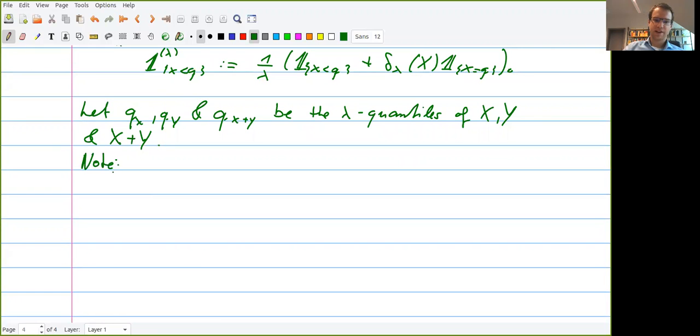So note the following identities. They are true for x, y, and x plus y, because they're all quantile functions. You can check them in a rather straightforward way. If I consider here my function 1_lambda, the expected value is always 1.